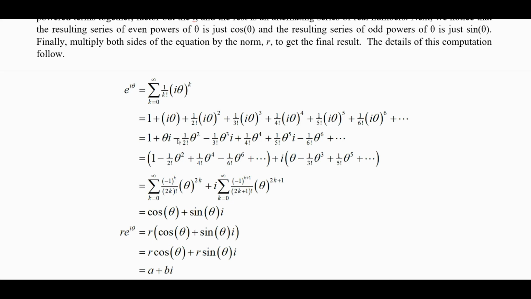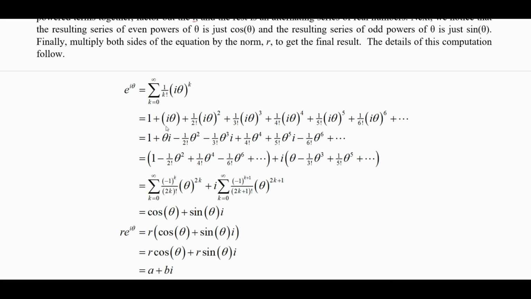So that's going to change this to a minus, but notice there's no i there. When you cube, we get i cubed, which is negative i, and we get theta cubed. So that one goes to minus, but it's also got the i. When we go to the fourth power, we get i to the fourth, which is just 1. So this stays positive, and it's just 1 over 4 factorial theta to the fourth, and so forth.